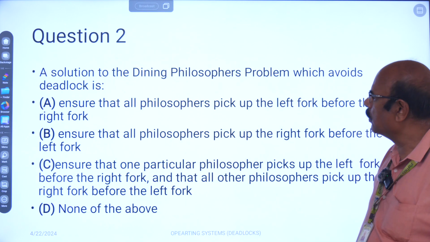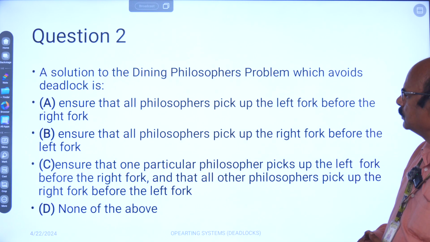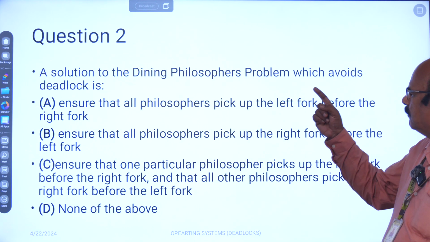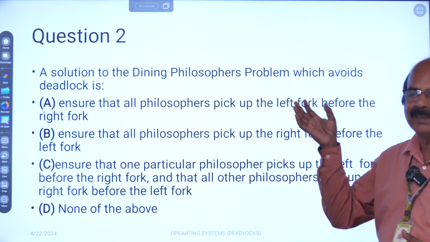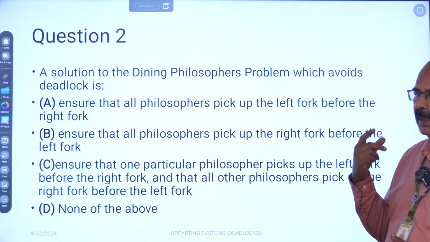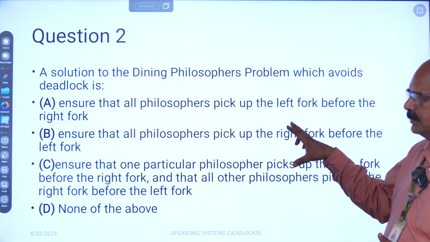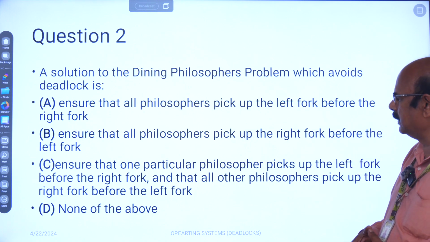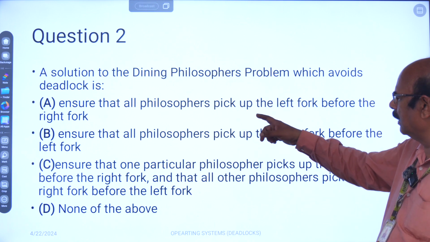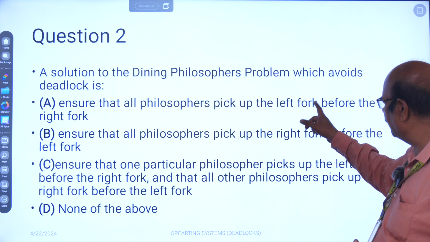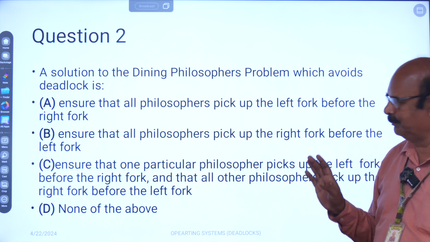Next, question 2. The solution to the dining philosopher problem which avoids deadlock. The dining philosopher problem is one of the important concepts used in operating systems. Option A: ensure that all philosophers pick up the left fork before the right fork.